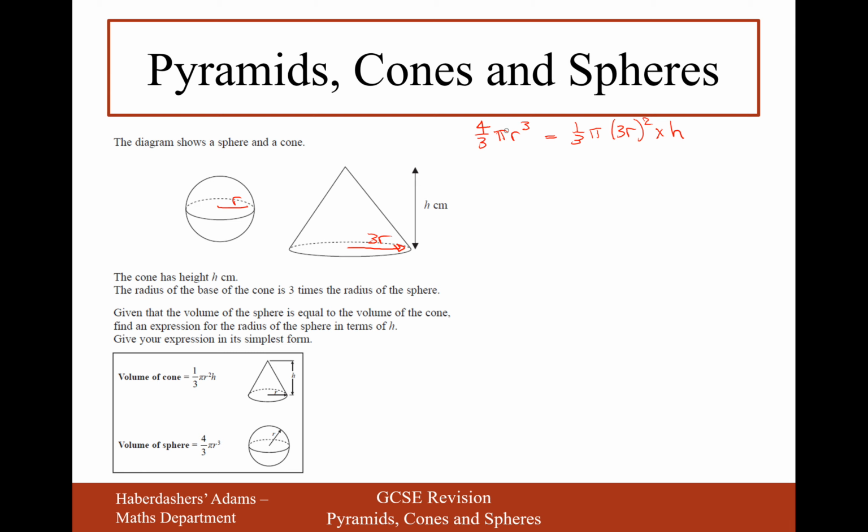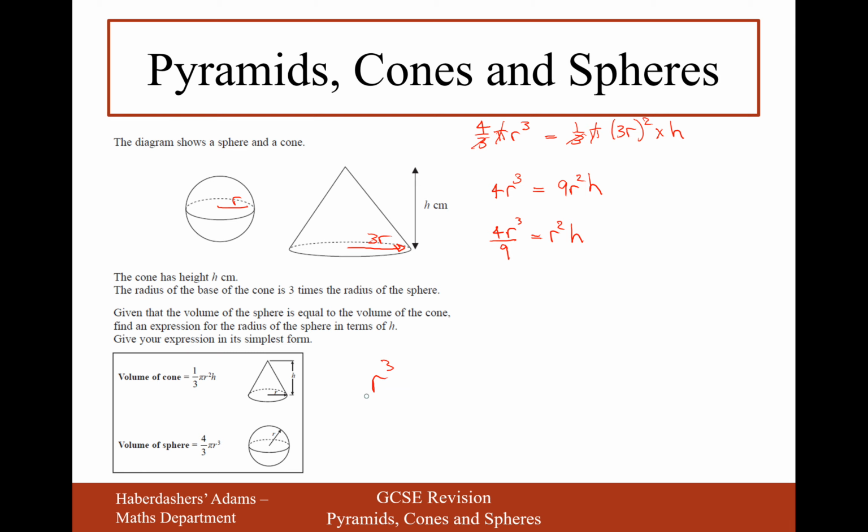So if we now cancel out these pi's and cancel out the thirds on these, what do we get? We get 4r cubed equals 9r squared h. So now if we divide the 9 onto the other side, we get 4r cubed over 9 equals r squared h, and then I'm going to divide both sides by r squared.